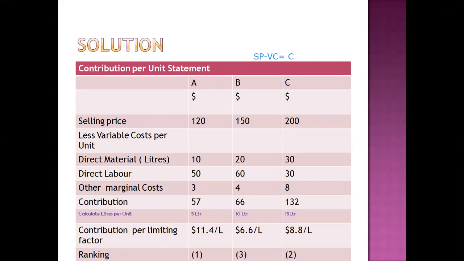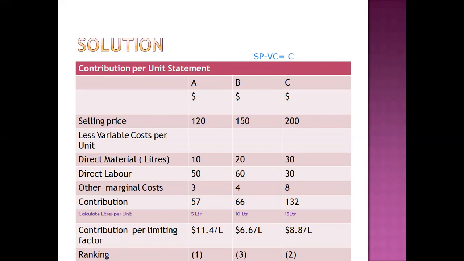It's very simple, $6.6 per liter. Each liter of B that we buy is contributing $6.60. Then you do the same, 132 divided by 15, I got 8.8. Each liter that we buy for C is contributing $8.80.